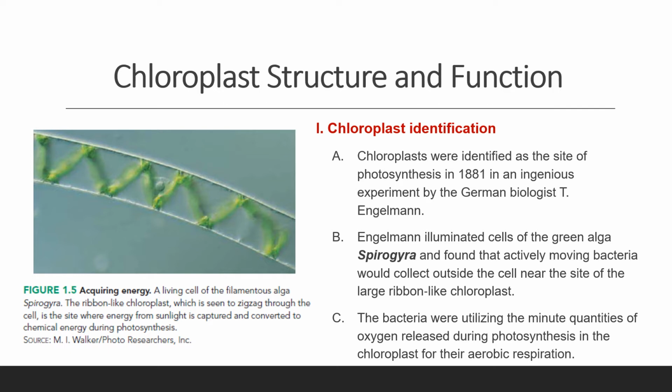The bacteria were utilizing the minute quantities of oxygen released during photosynthesis in the chloroplast for their aerobic respiration. The image that you see right now on your screen is the filamentous alga Spirogyra. So this is how it looked.